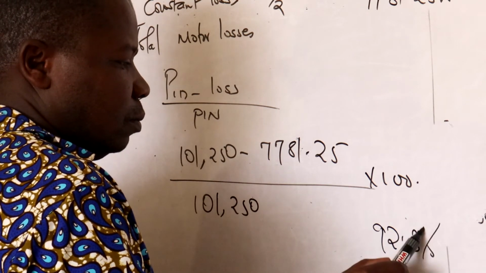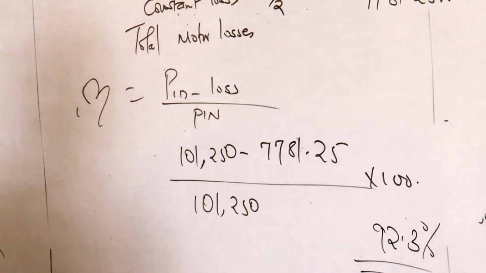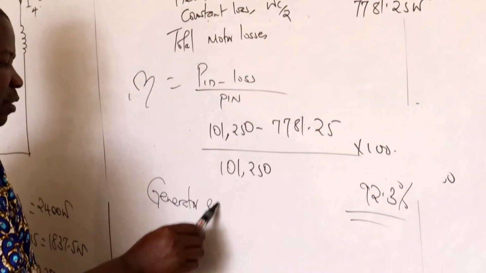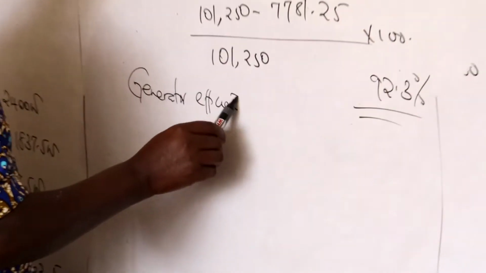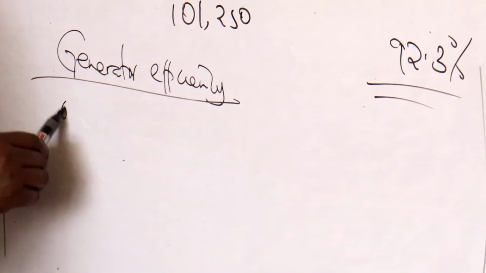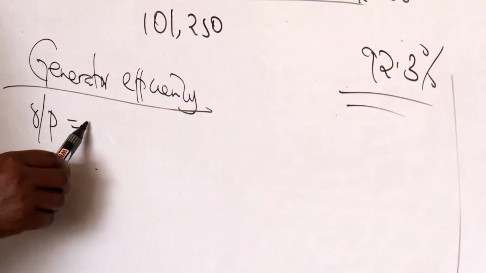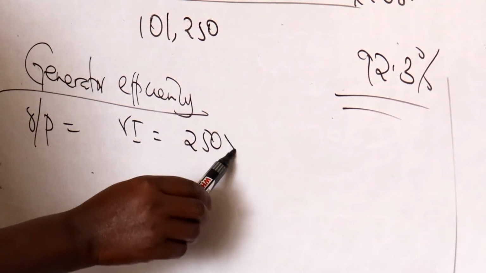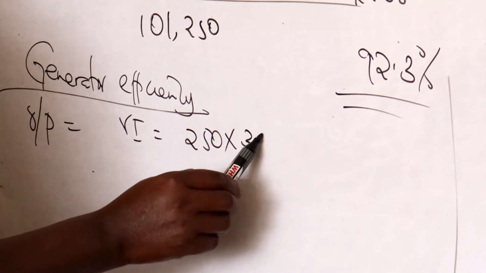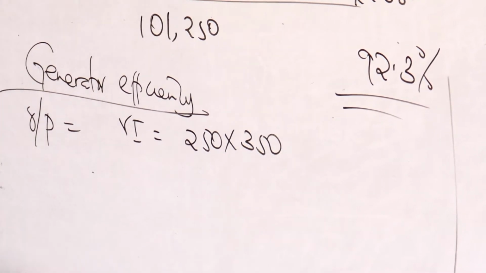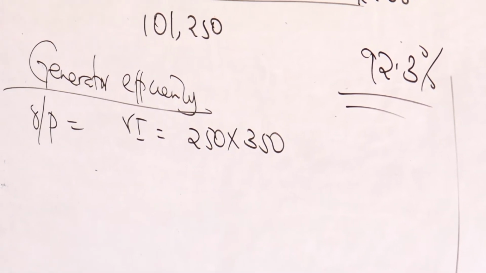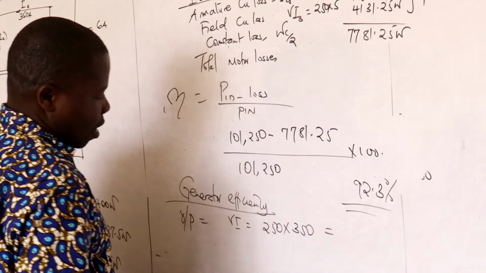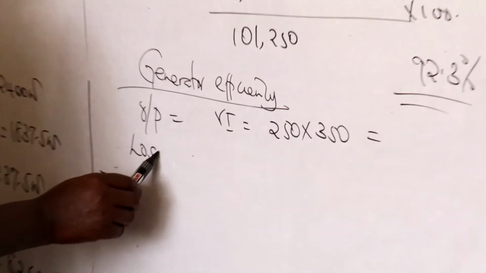92.3%. As a generator efficiency, we generate output, which is VI, 250 times 350. And then we have the losses.